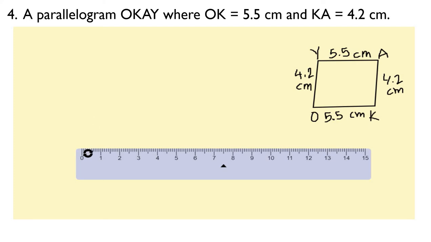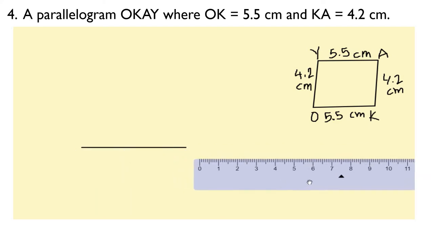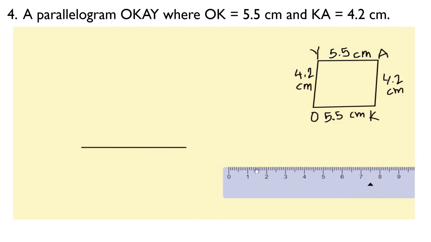Now let's start the construction. So first we draw line segment OK of 5.5 centimeter with the help of scale and pencil. After drawing the line segment, please don't forget to mark the vertices along with the given measurement.